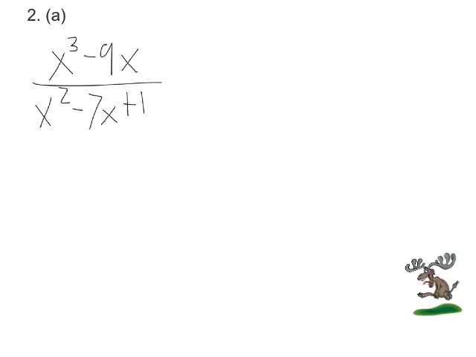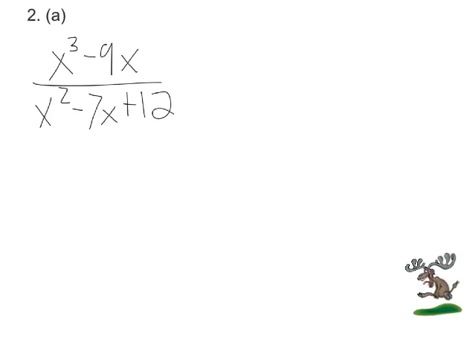All right, for problem 2, we're being asked to simplify fractions, and this will require us to do some factoring and probably some combining of various fractions. So in 2a, what we have is x to the 3rd minus 9x all over x squared minus 7x plus 12.